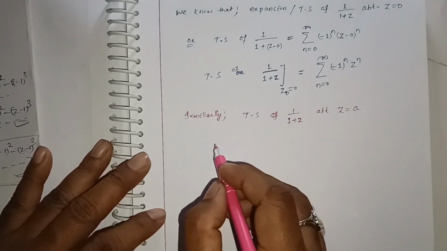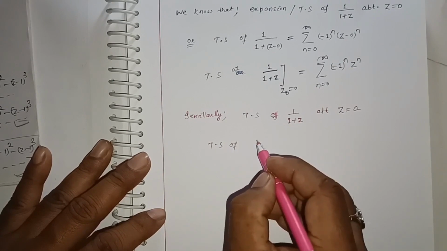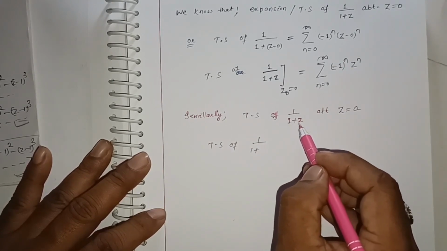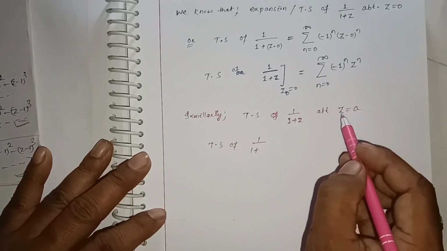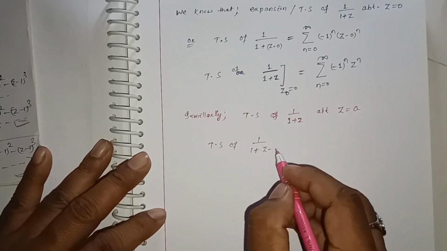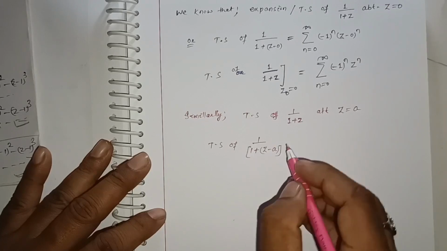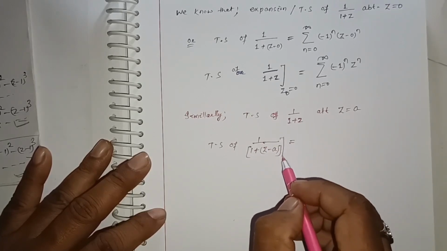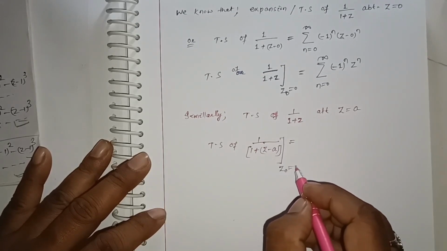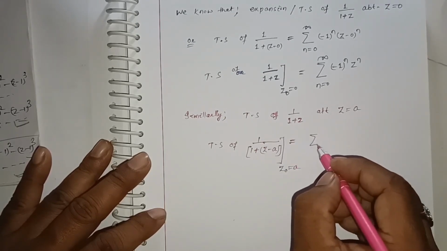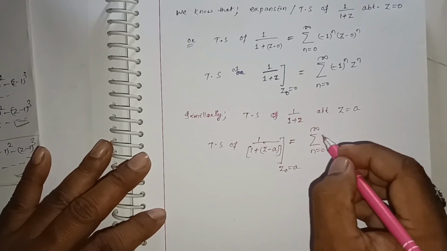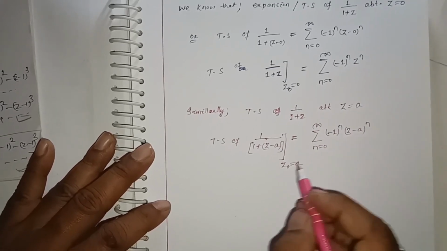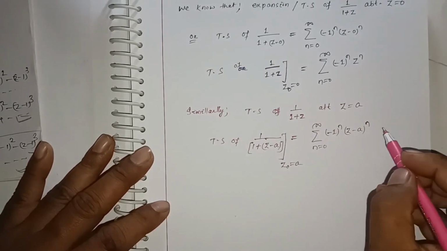Since 1 plus z is there, about z equal to a this will be z minus a, so the Taylor series about z0 equal to a will be summation over n equal to 0 to infinity minus 1 to the power n z minus a to the power n. This is the general case.